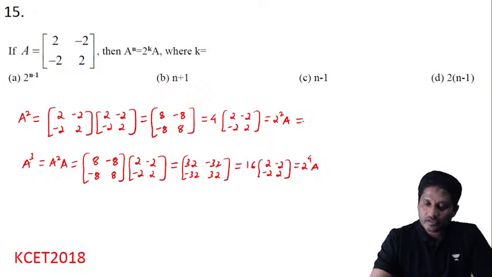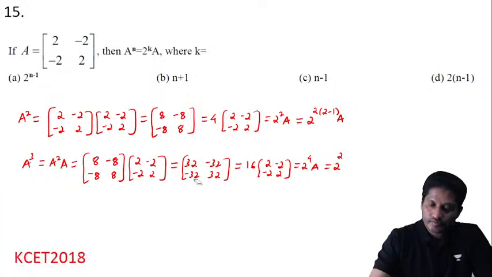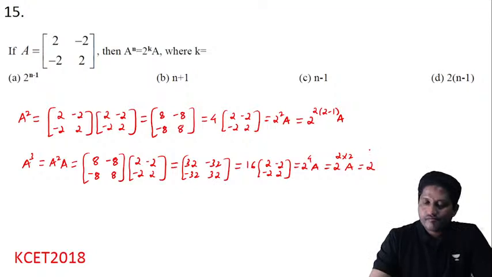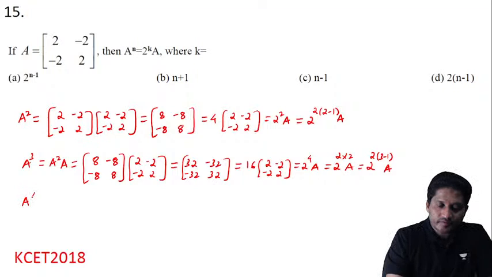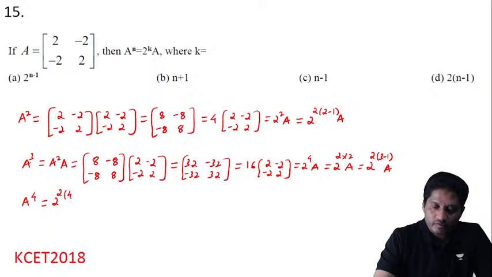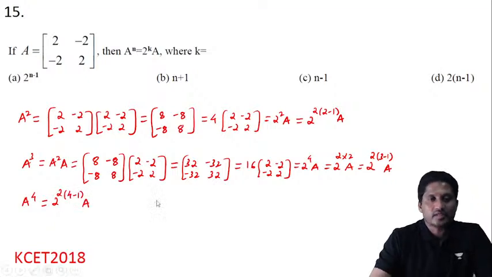Right, now this can be written as 2 to the power of 2 into 2 minus 1 into A, right? A cube can be written as 2 to the power of 2 into 3 minus 1 into A. Similarly, A power 4 will be 2 to the power of 2 into 4 minus 1 into A. So on this will continue.